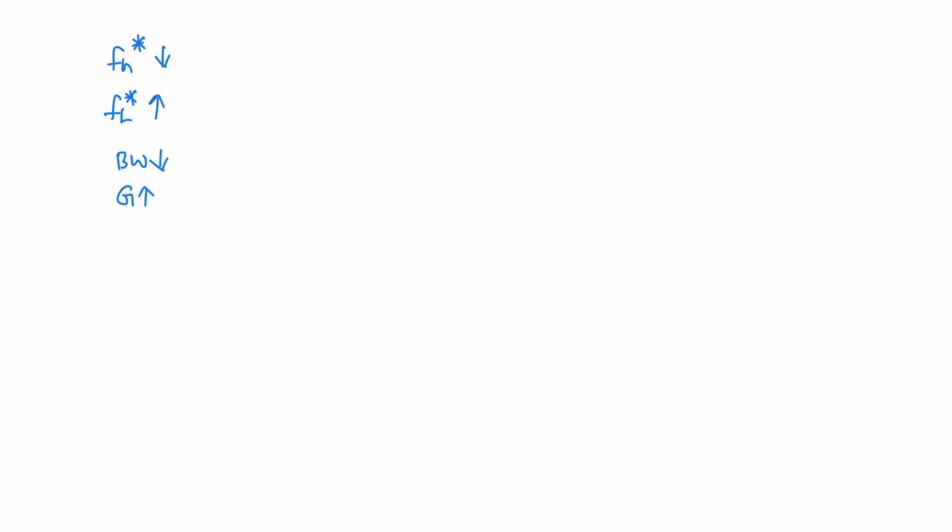So let us take an example. For n is equal to 2, the upper cutoff frequency fh star is 0.64 times the upper cutoff frequency, and the lower cutoff frequency fl star is 1.5625 times the lower cutoff frequency.